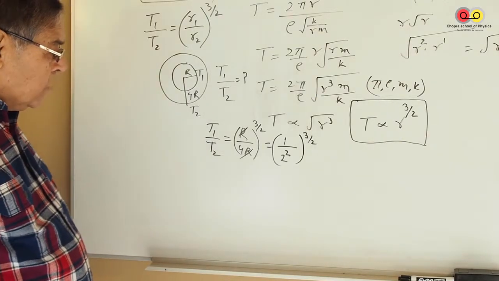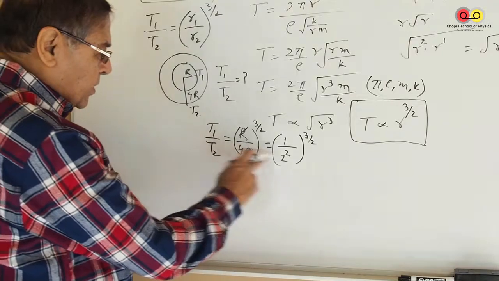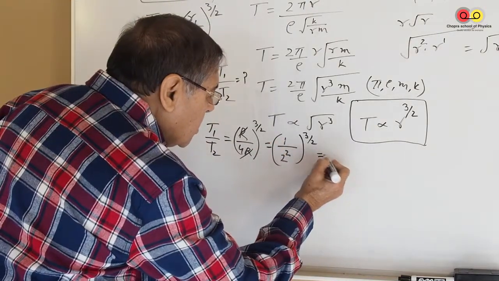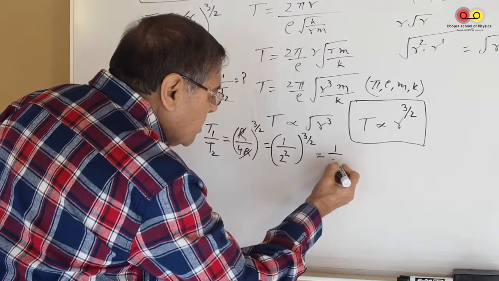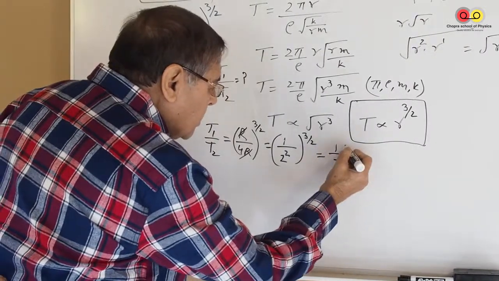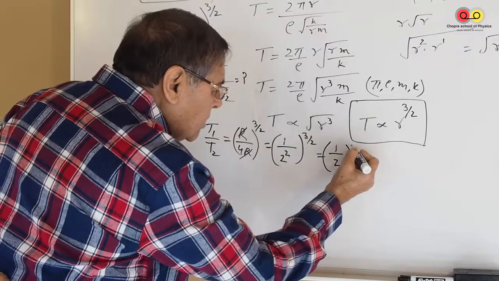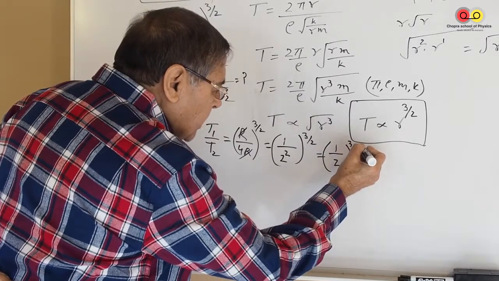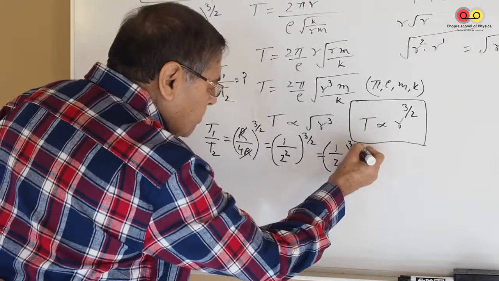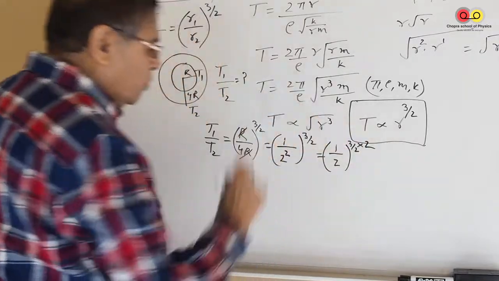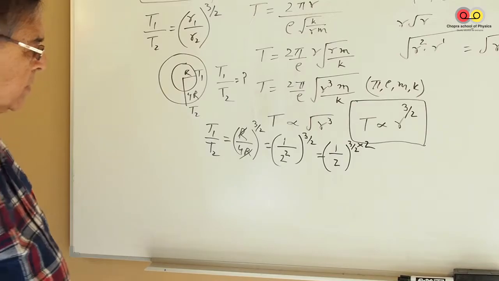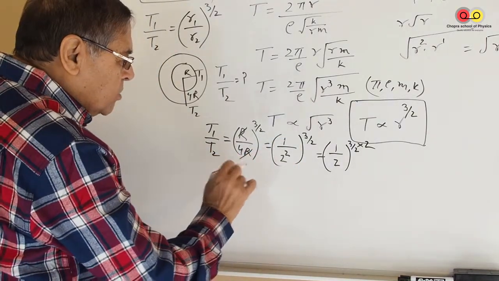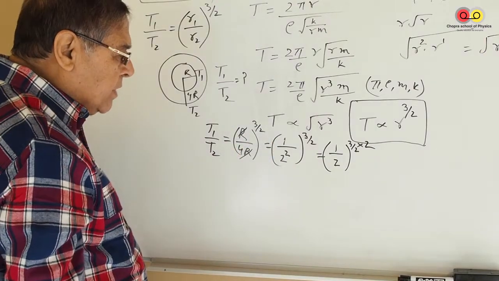Because 4 is written like this, we will write it as 1 over 2 to the power 3 by 2 multiplied by 2, that is 1 over 2 to the power 3. 1 square will remain 1, and 1 to the power any number will be 1.